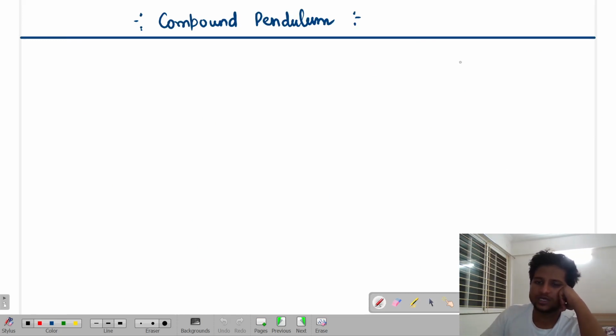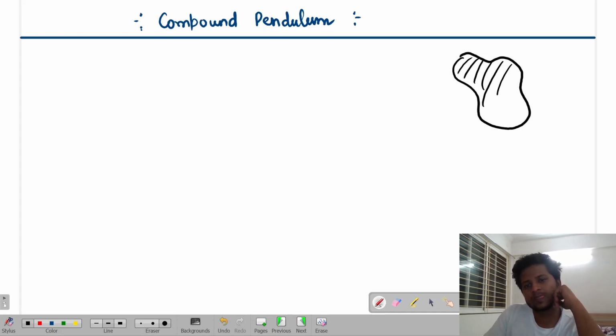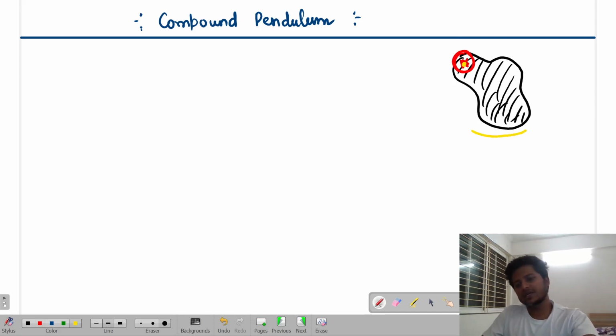Let's suppose I have a rigid body, and we created a hole in this body and attached an axis there. Then if I try to oscillate it, this body will definitely oscillate. So when a rigid body itself oscillates about an axis on its surface, we call that a compound pendulum. क्या बोलेंगे उसको?